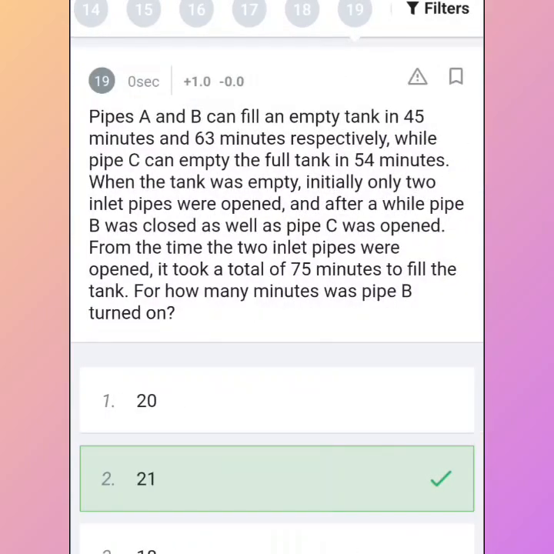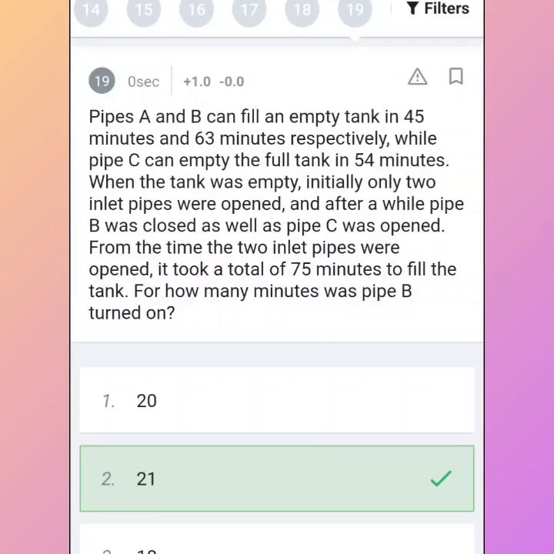Pipes A and B can fill an empty tank in 45 minutes and 63 minutes respectively, while pipe C can empty the full tank in 45 minutes.